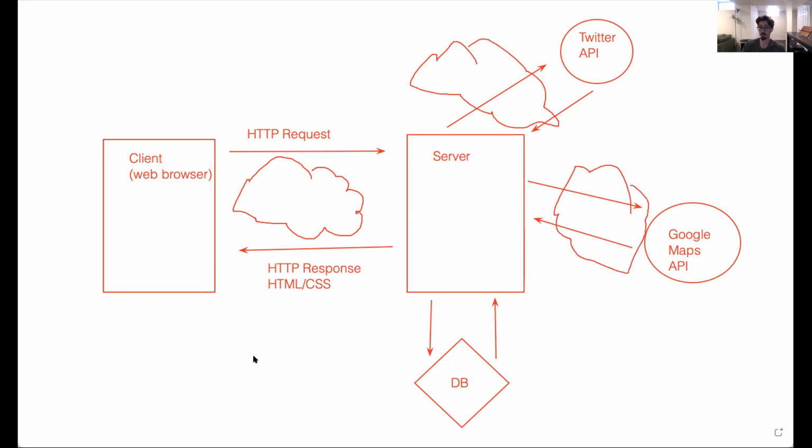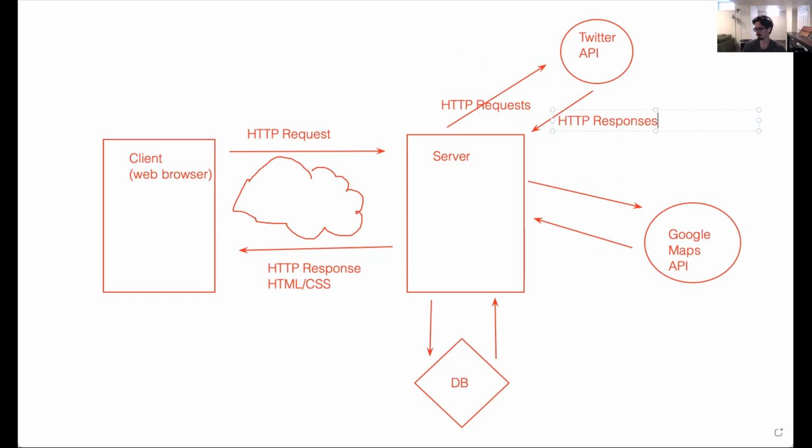If that is true, we're communicating in a very similar way. We are sending HTTP requests and receiving HTTP responses. Notice how our app is receiving requests, but now that we're communicating over the internet with these APIs, we're also sending requests.